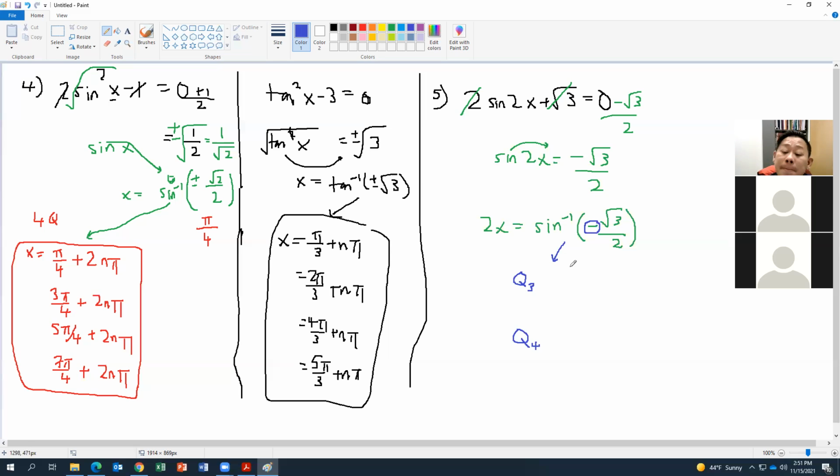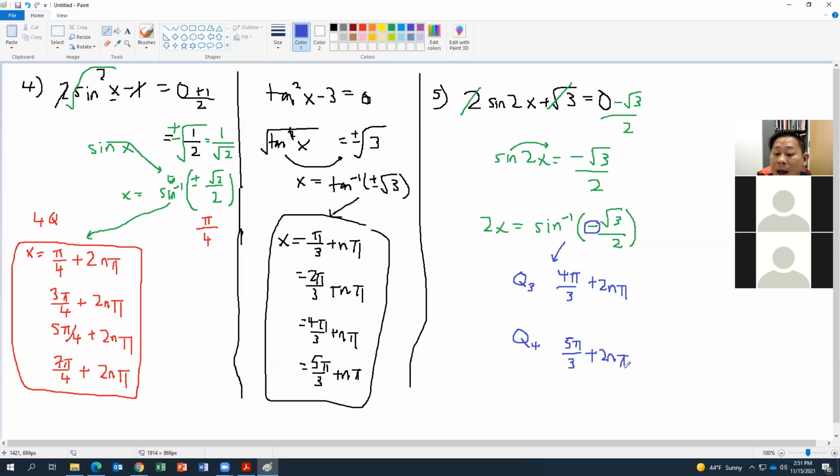Anyone? 4 pi over 3. So this is 4 pi over 3 plus 2n pi. And what is quadrant 4? 5 pi over 3 plus 2n pi.